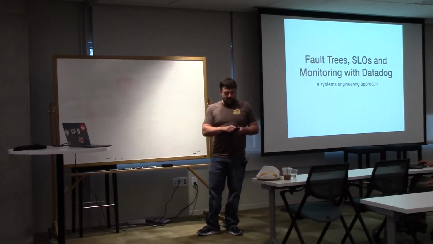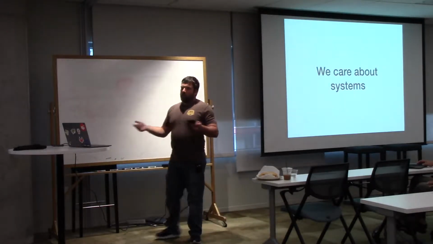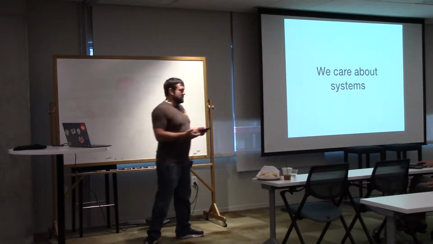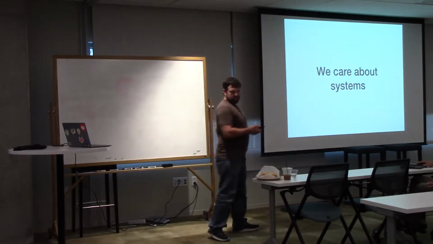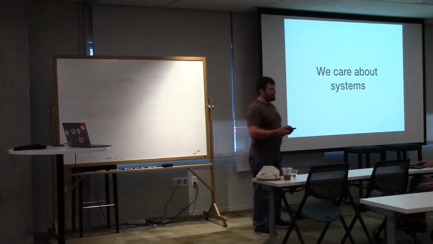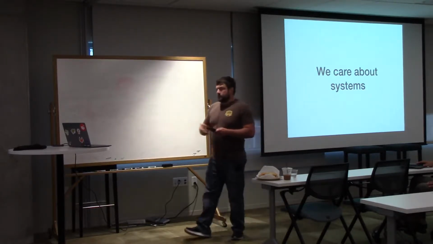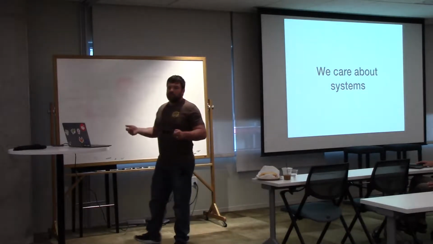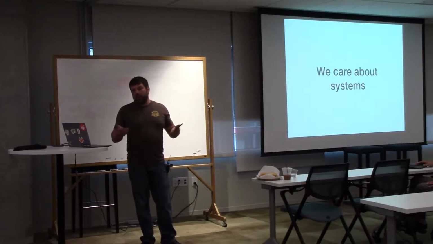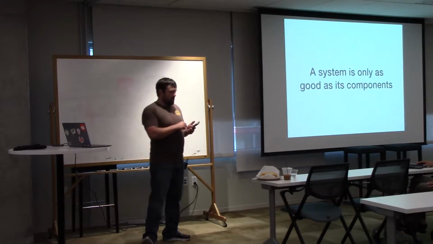This is fun. So, I think everybody here cares about systems, right? We all probably work at a company that operates some technical machinery or code, and it produces a service that somebody consumes for money. So we have an interest in making sure our systems are working.